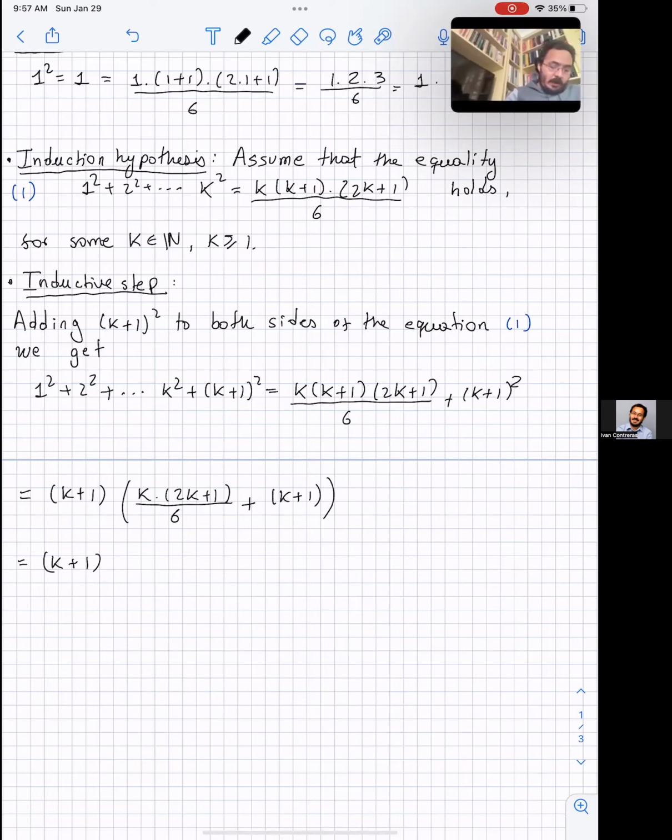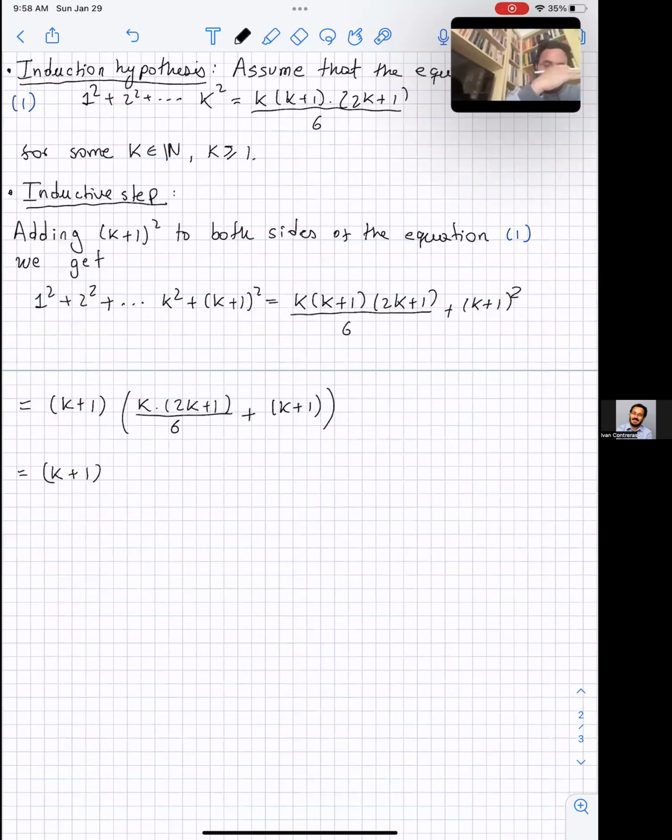I encourage you to be organized, and the grader and the instructor will thank you for being organized and clear and clean with your justifications. So we have k plus 1 times, and you get k(2k plus 1) plus 6 times (k plus 1), divided by 6.